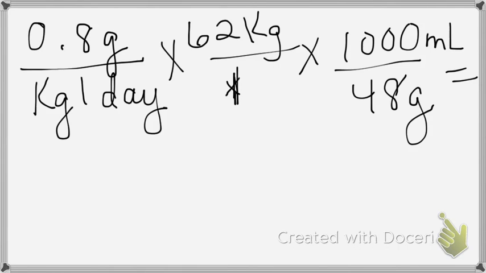All right, so now let's do this calculation. So how are we going to do this? So this will cancel out. Kilograms cancel out. Okay, so basically what you're going to do is 0.8 divided by 48.